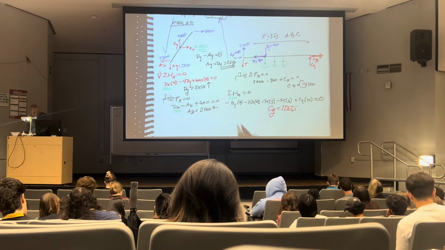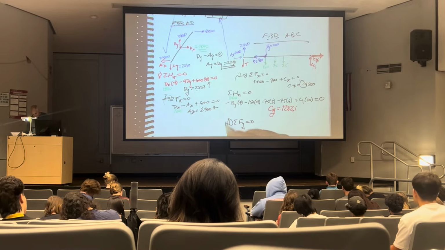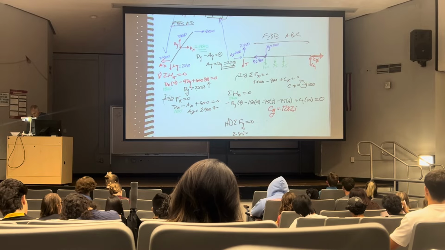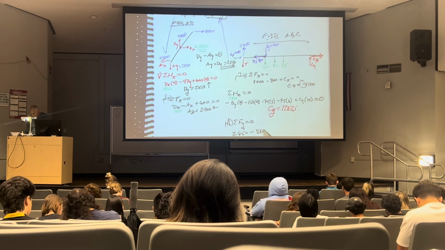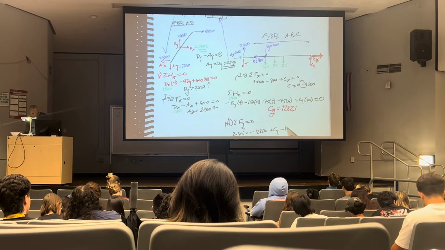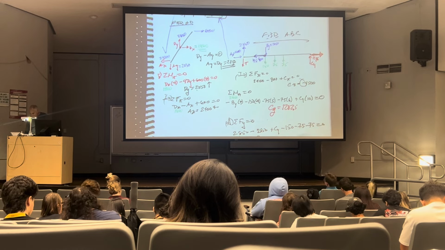And then a simple sum forces in the y equals 0 positive up. 2850, which is AY, minus 2850, which is BY, plus CY minus 150 minus 75 equals 0.